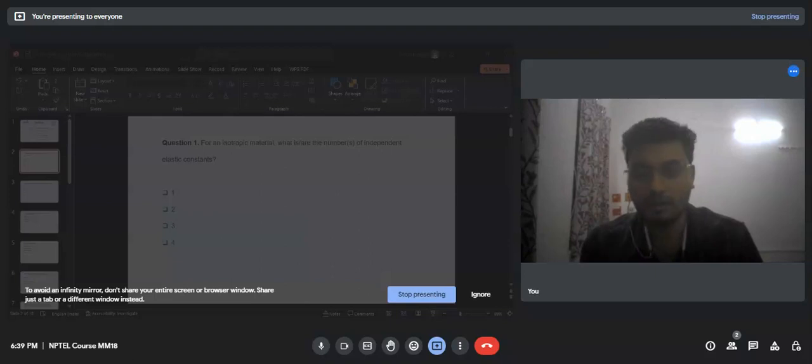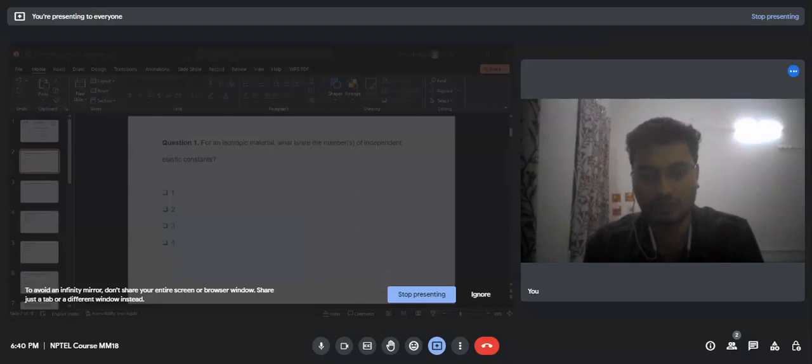What about anisotropy? It will be different. In anisotropy there will be three directions, but here they are asking about three perpendicular directions. In that case, anisotropic material will have the same elastic modulus. If we go in the x direction, 100 direction, or 010 direction or 001 direction, we'll get the same elastic modulus. But if we go in another direction, we'll get a different elastic modulus.